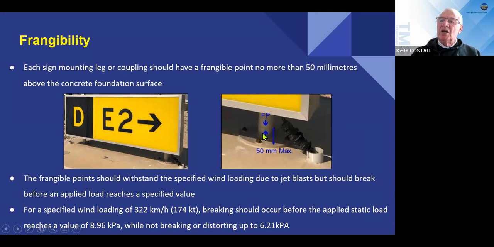So there's a weak point built into these frangible couplings, and that weak point has to be at a particular maximum height above the base unit itself. So these criteria are all built into the design, not just of the guidance sign, but on the size of the guidance sign and the type of frangible coupling that we can select to use.